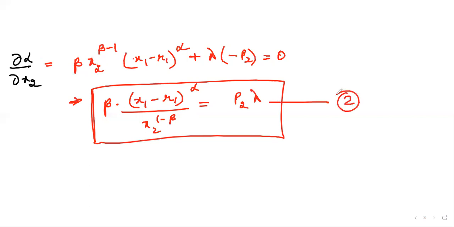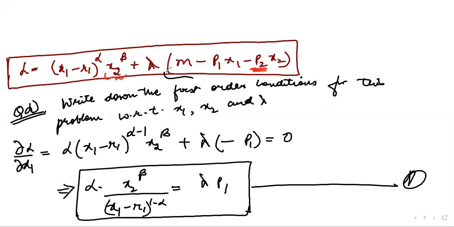At last, you differentiate this function with respect to lambda and solve. So now I'm going to differentiate this function with respect to lambda. And when I differentiate it with respect to lambda, I'm just left with this, right? Because this all is a constant. So remember, whenever you are doing partial differentiation, you differentiate the function with respect to one variable, holding the other variables constant.